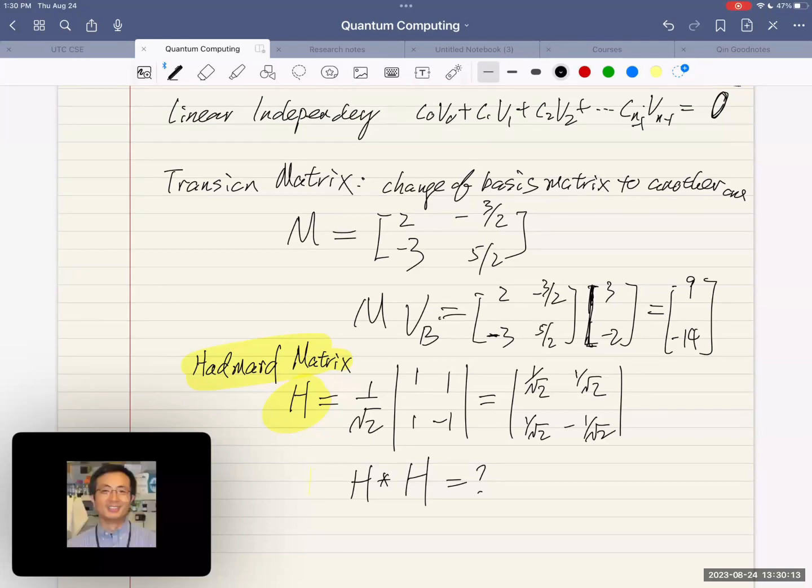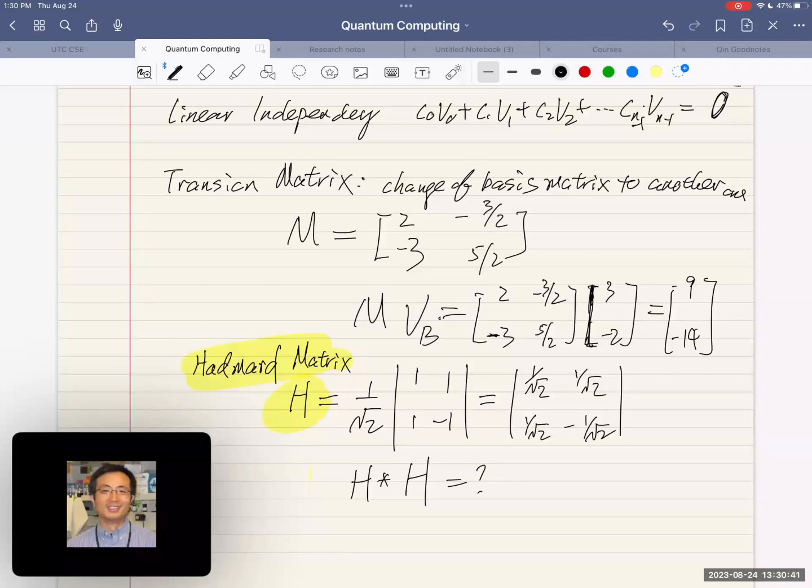Okay, let's see. We can write Python code to verify this. Who has tried the Python code to verify that? Oh, I closed my code. Where is that? Oh, I found it.